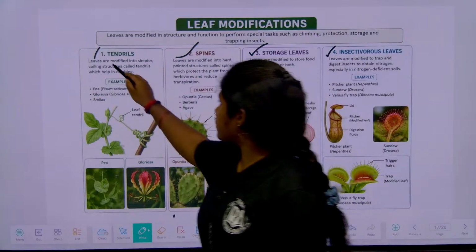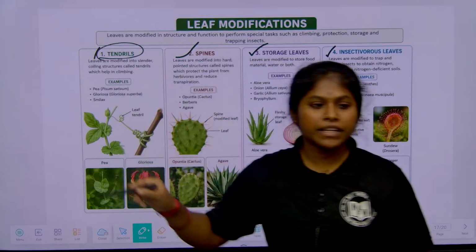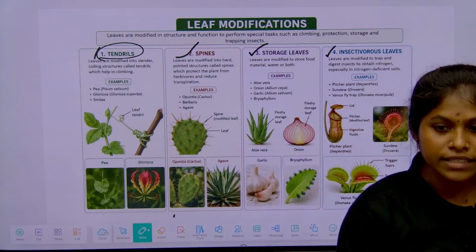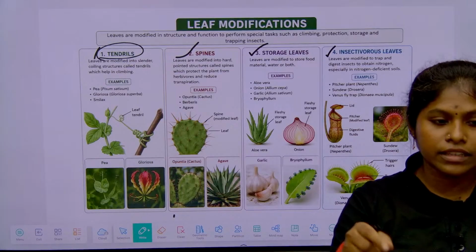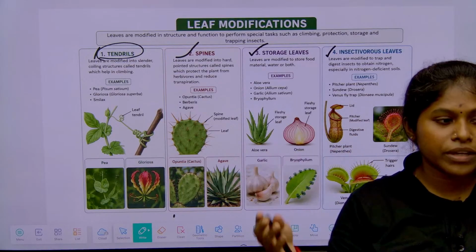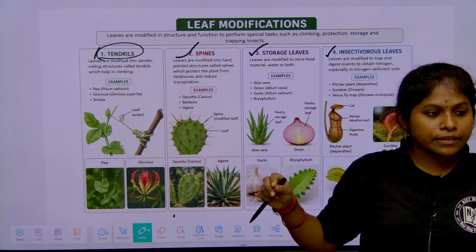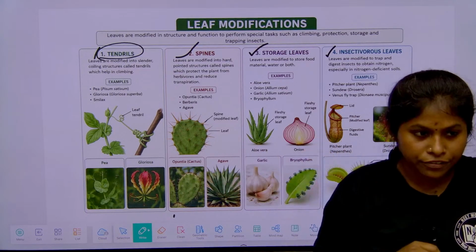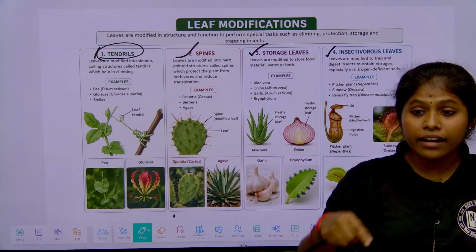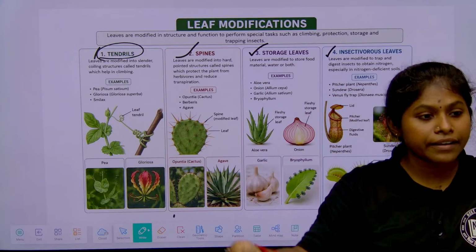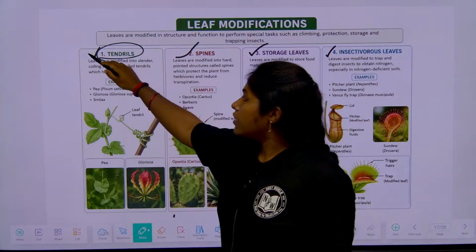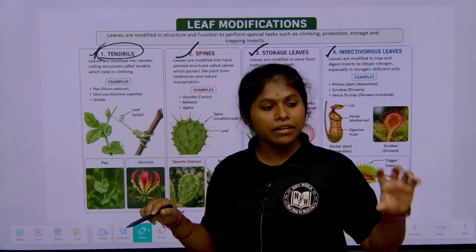So tendrils: if in the stem, from the axillary bud, a tendril is arising, we can say it is a stem modification. In the leaves, it's not like that. At the tip of the leaf, if petioles are turning into tendrils, it comes under leaf modification.